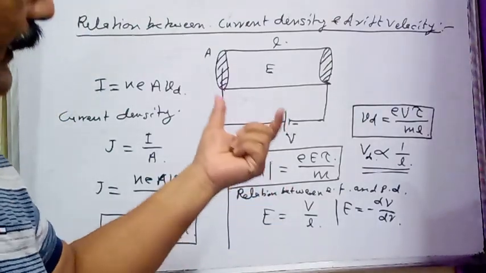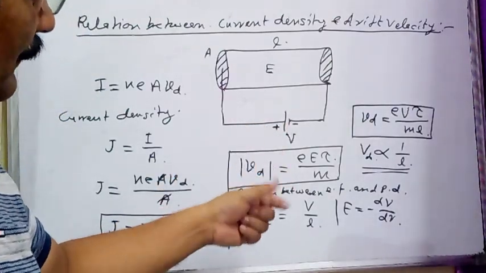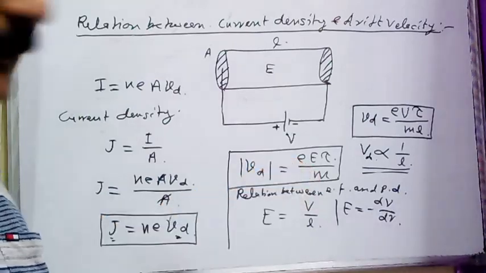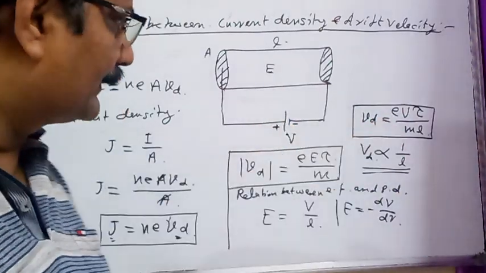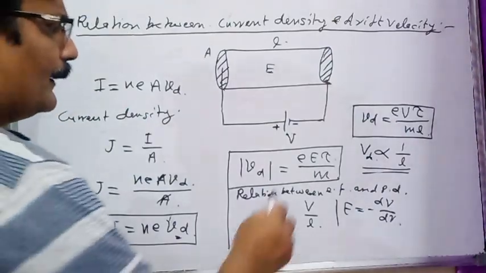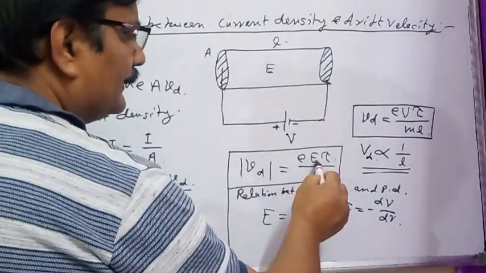There is an inverse proportionality between drift velocity of electrons and the length of the conductor, keeping potential difference constant.